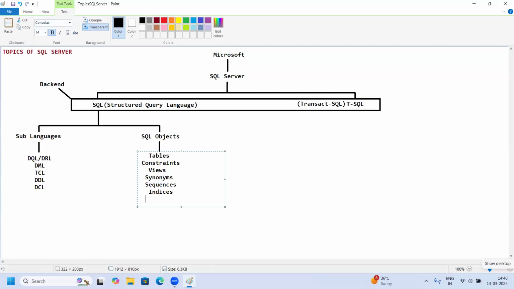And then we will study about schemas. So these all come under the category of SQL objects: tables, constraints, views, synonyms, sequences, indices, schemas.